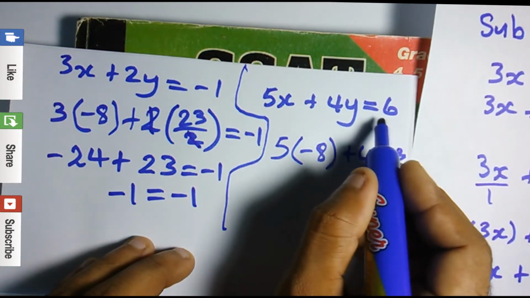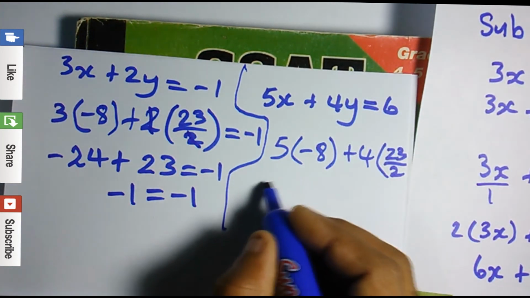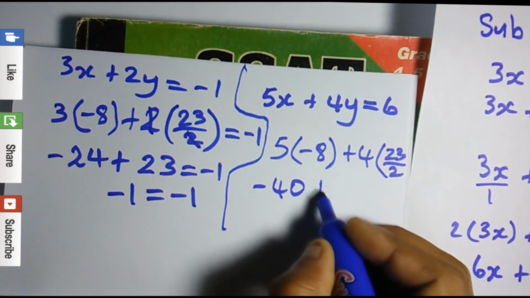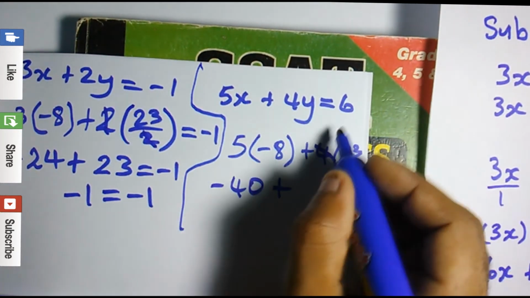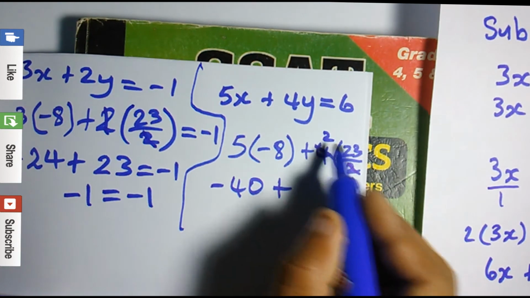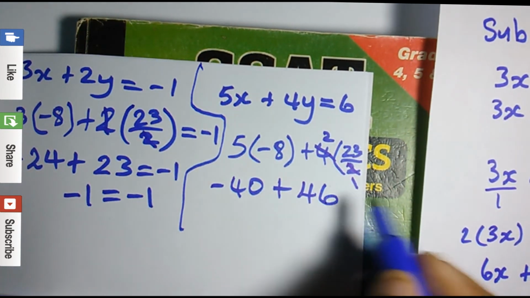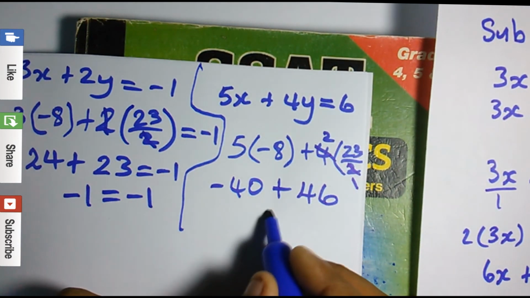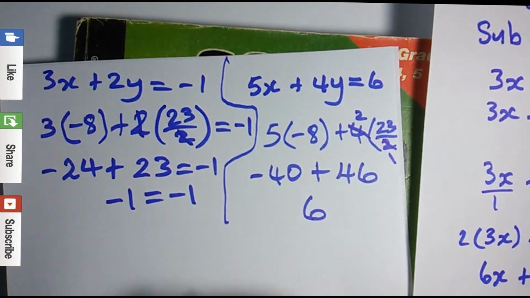Remember, the result that we should get is 6. 5 times negative 8 is negative 40, plus 2 into itself 1, 2 into 4 goes 2, and 2 times 23 gives us 46. Negative 40 plus 46 will give us 6. So as you can see, that's our result. Therefore, our answers are indeed correct.